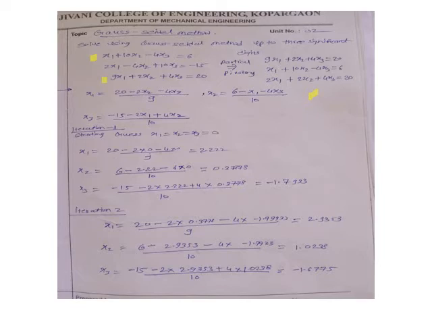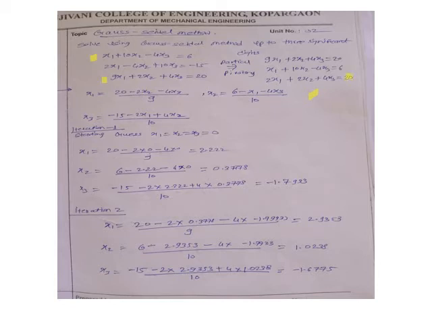Okay. So the next thing is that you need to arrange this in a certain way. So x1 will be by this first equation, you will find x1 is nothing but 20 minus 2x2 minus 4x3 upon 9. Then x2 is equal to 6 minus x1 minus 4x3 upon 10, and x3 is equal to, here there is a mistake from my side.